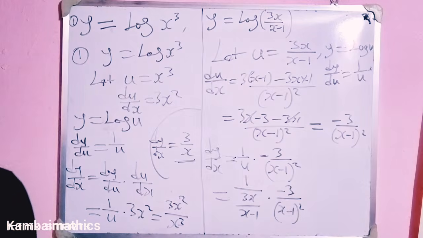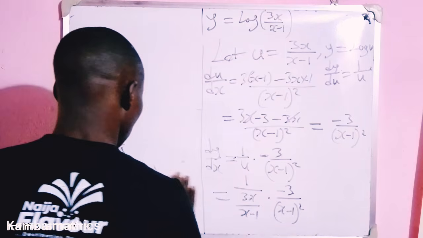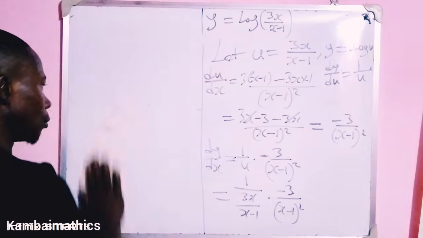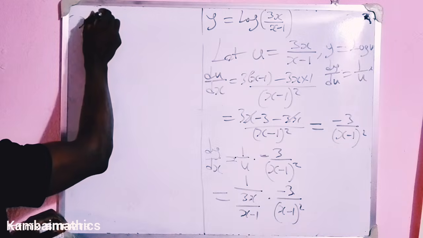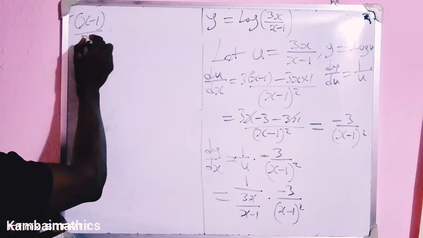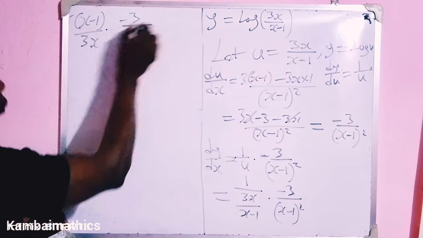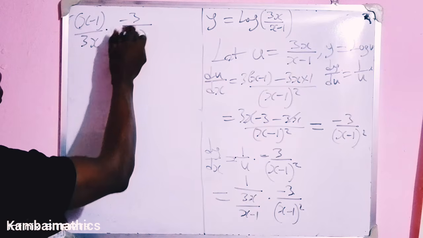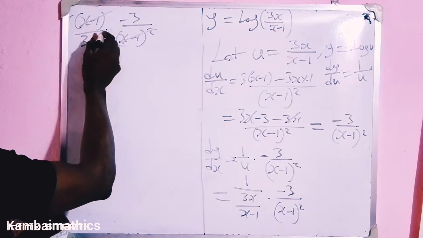Let me bring it up here so we will have this. Here is a reciprocal, so I can reciprocate it by having (x minus 1) in bracket all over 3x, then multiply by minus 3 all over (x minus 1) in bracket squared. So by implication, one of this will go with one of this.